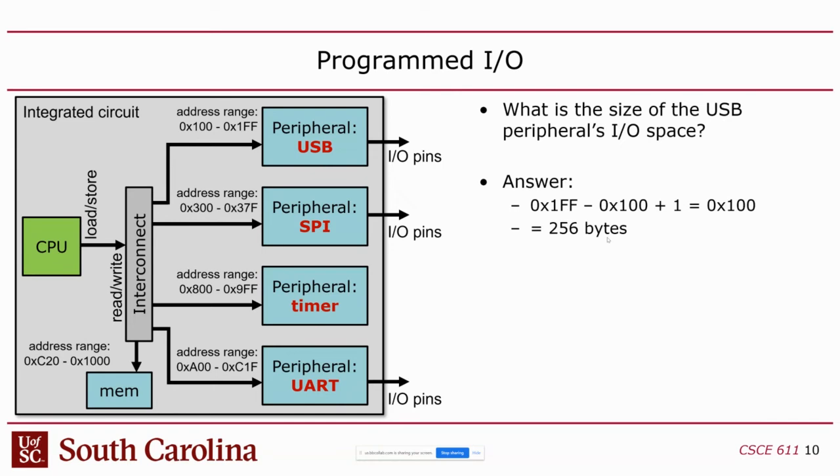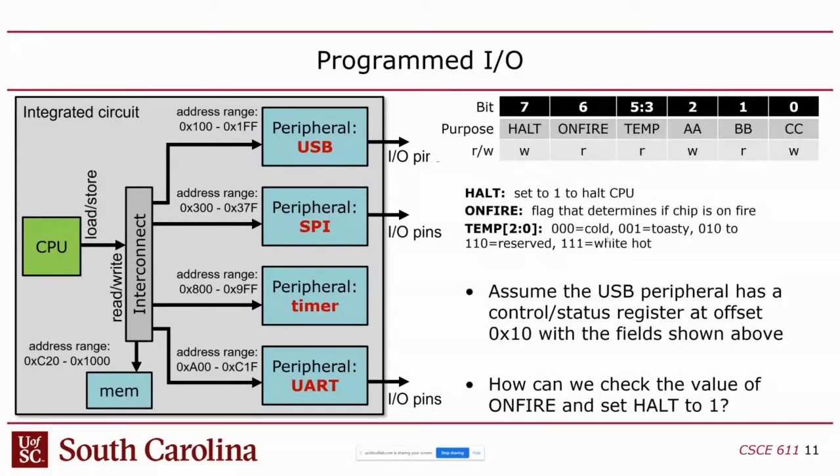So this is 256 bytes. That means the USB has a little memory space associated with its control registers of 256 bytes in this case.